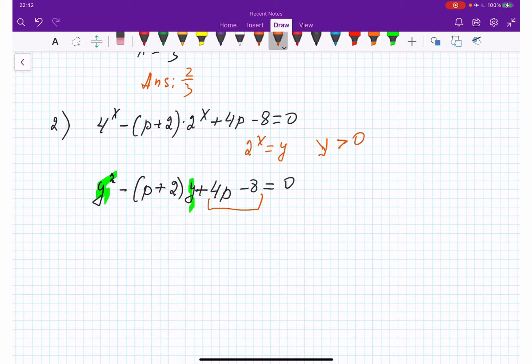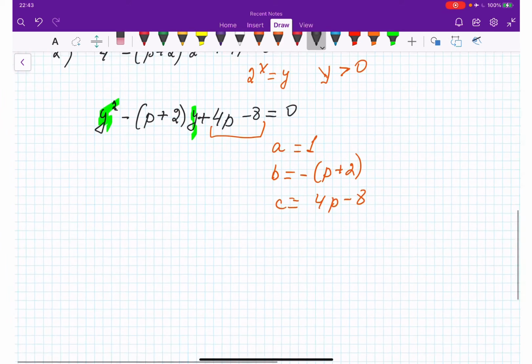So where a, let's write down, a is equal to 1, b is equal to negative (p plus 2), and c is equal to 4p minus 8. Okay?